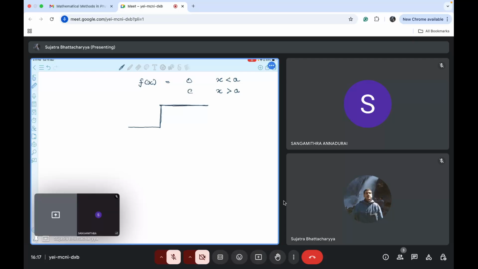Here f of x is equal to 0, here f of x is equal to c, and it is continuing. Remember, it is continuing. This point is x equals a, where it gives a sudden transition.